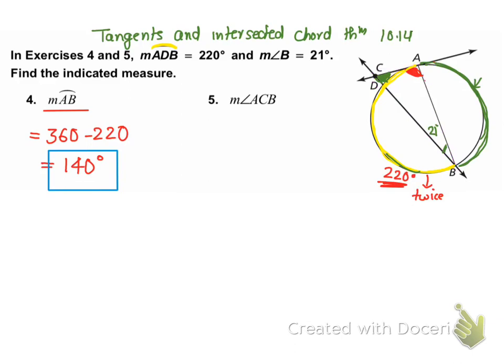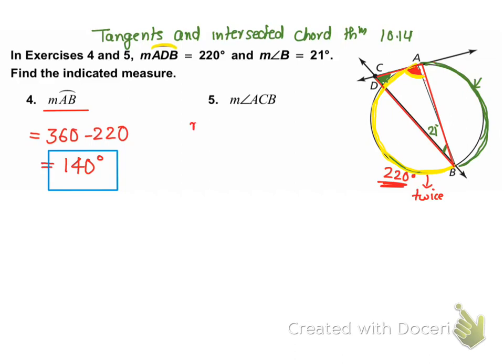When I consider these lines, this looks like a triangle. I need 2 angles to find this green one. I wish I could get this red angle somehow, and I know the arc is 220 here, so this angle is always half. I can always find this angle, which is angle A.